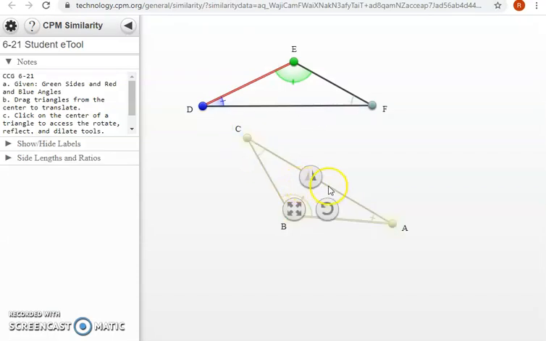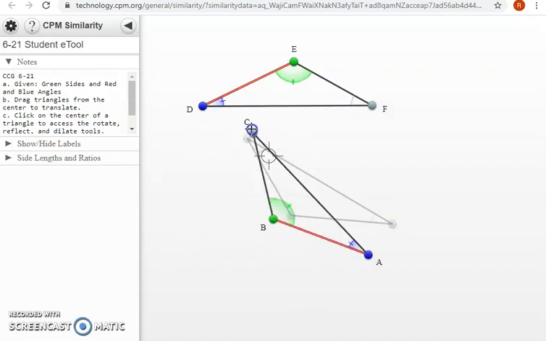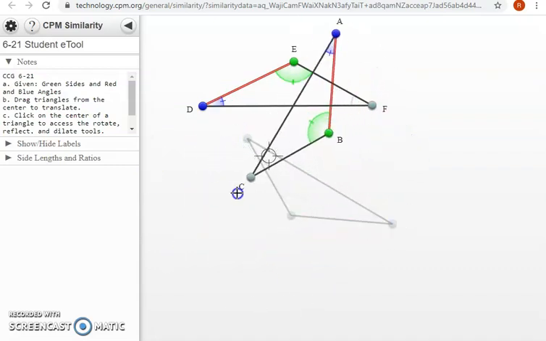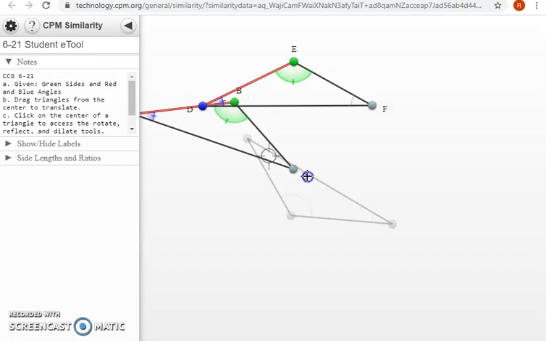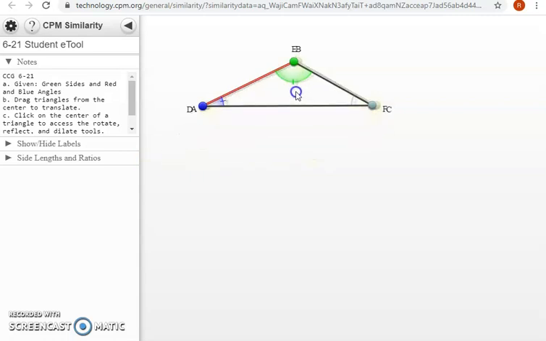So I can take this shape here and I can rotate it, for example. But you did rotation like this, so you did a rotation first and then translation second like this.